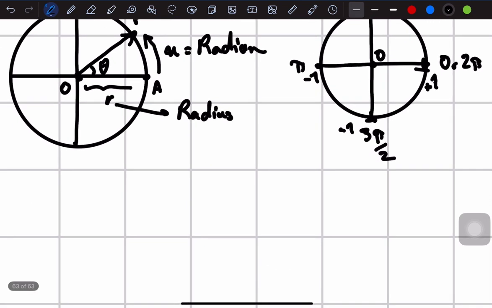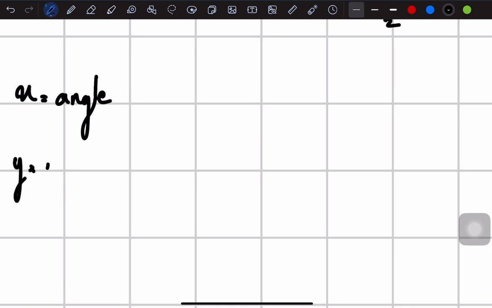As I said before, let's say x is the angle in degrees and y is the angle in radians. How do we convert between them?